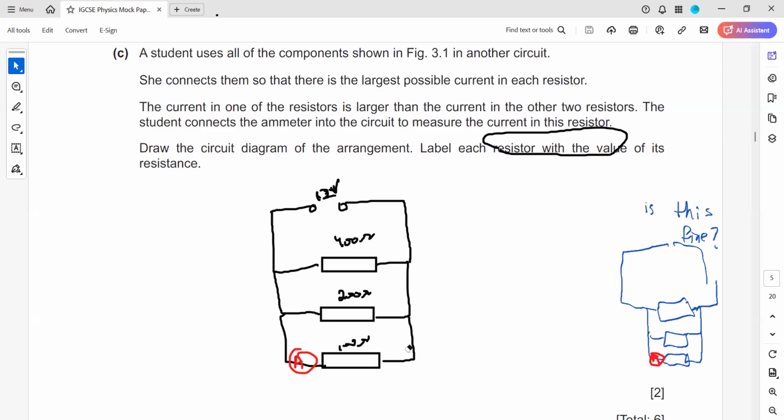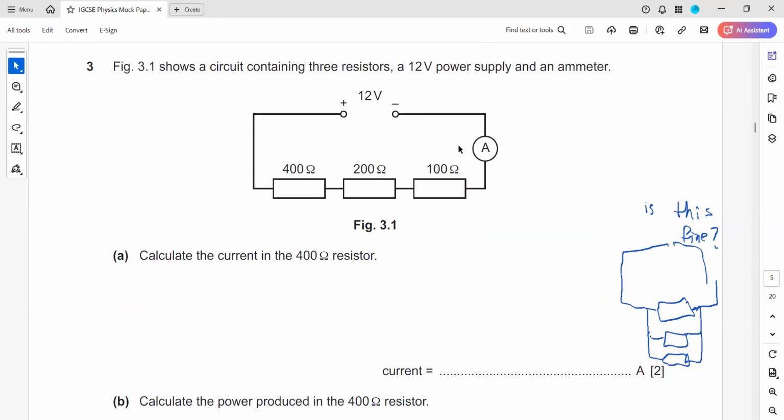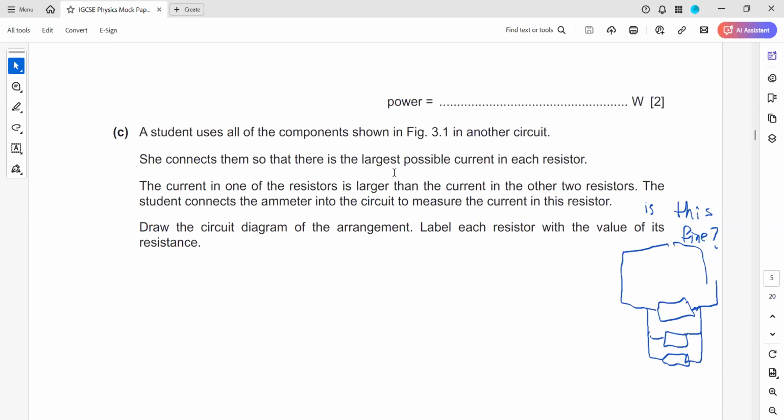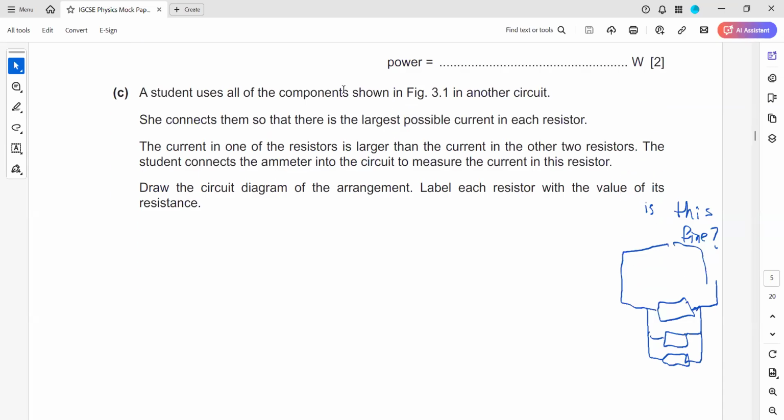If I connect two in series and one in parallel to them, that is not the right way. Why can we not draw a series circuit here? Because the series circuit is already drawn in the question. According to the description, the student connects another circuit so that there's the largest current possible in each resistor.